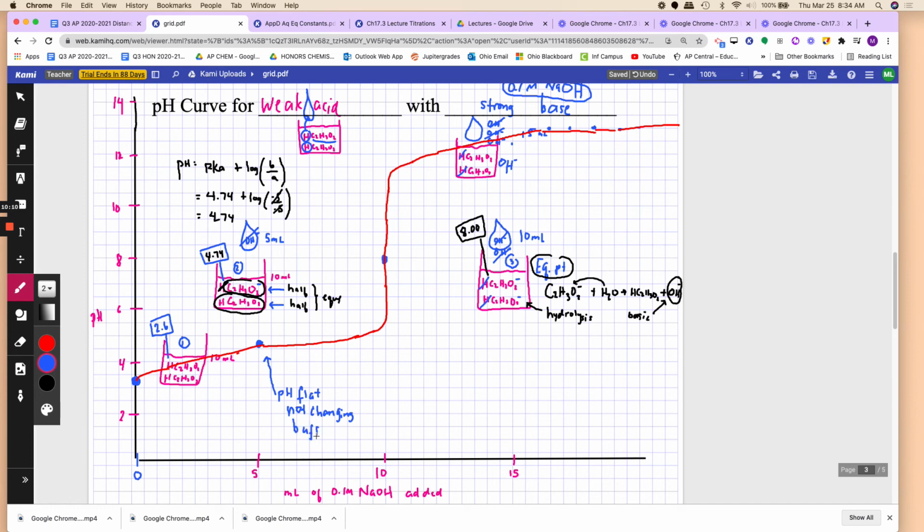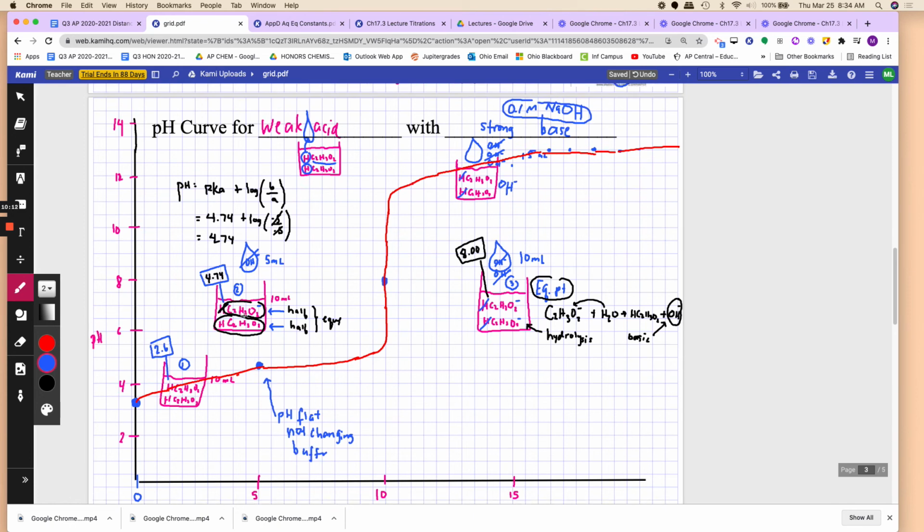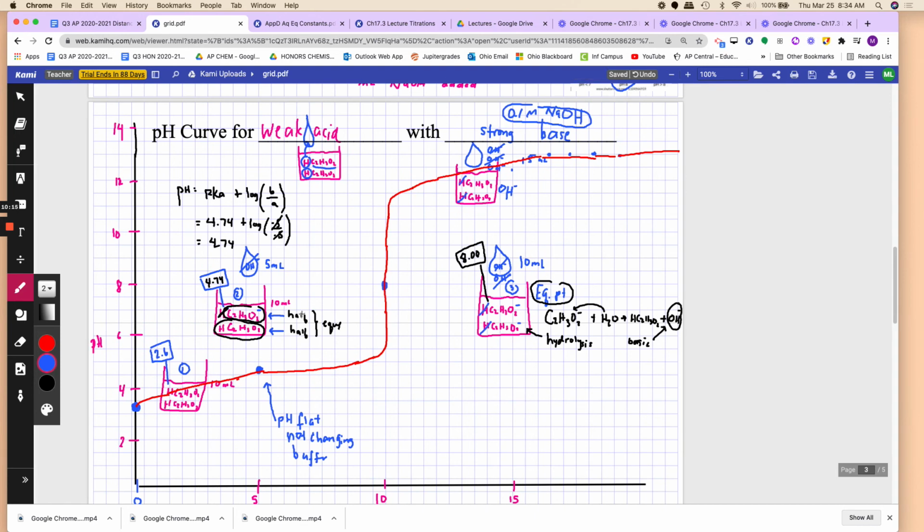Let's see if you have a buffer in there. Well, what is in the beaker here? You have the conjugate base and the conjugate acid. They're weak conjugate acid-base pairs, so that means you have a buffer. So what you have in this region, in this rough area right here, this is called your buffer region.